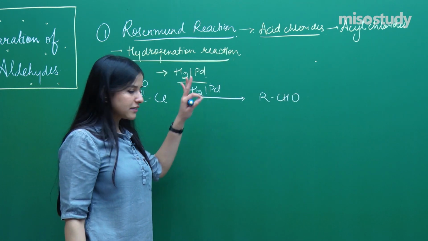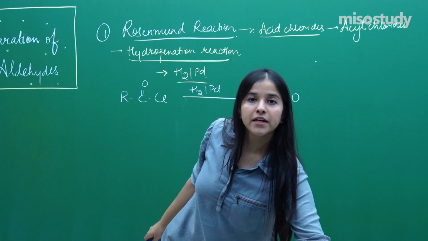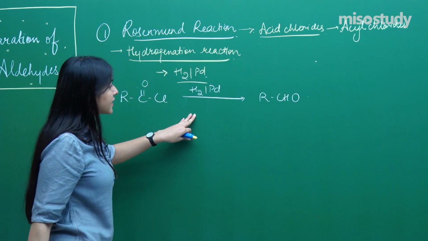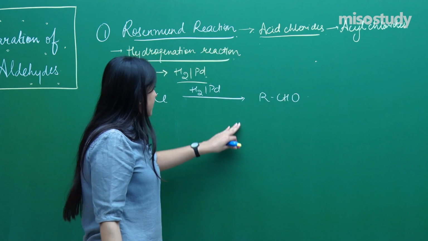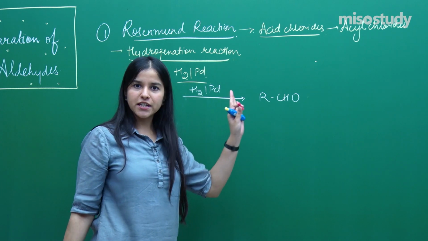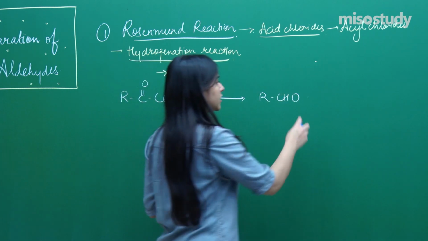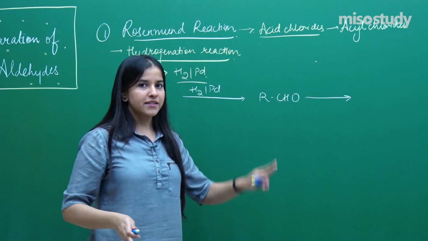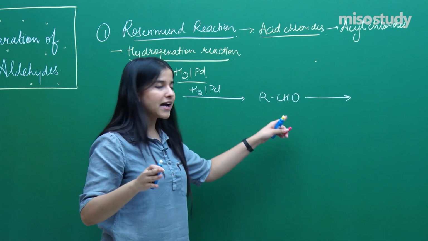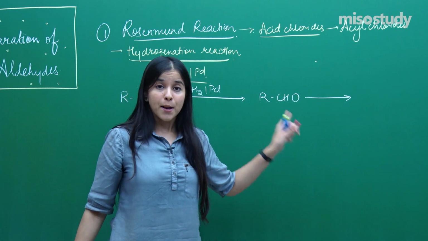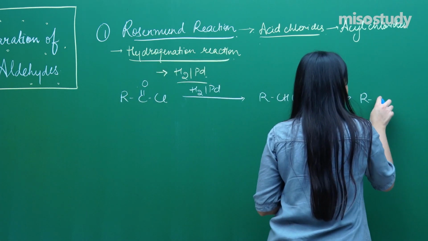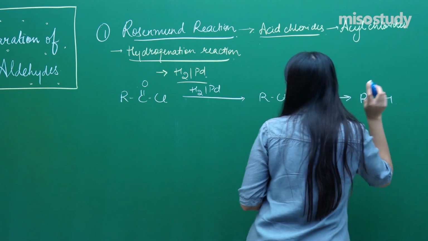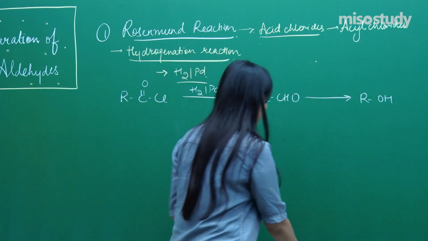This particular reaction is basically not right, because palladium is such a strong reducing agent that it will lead to further reduction of this aldehyde. The reaction is not stopped at just the aldehyde stage that I need, but goes to the alcoholic stage. So it further gets reduced to the alcohol.